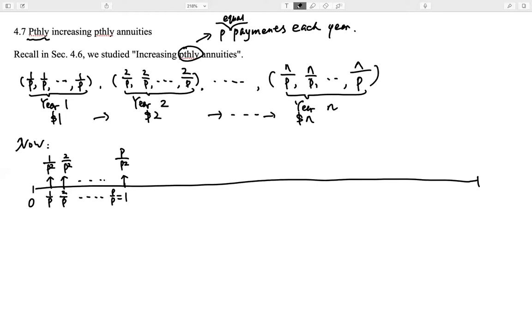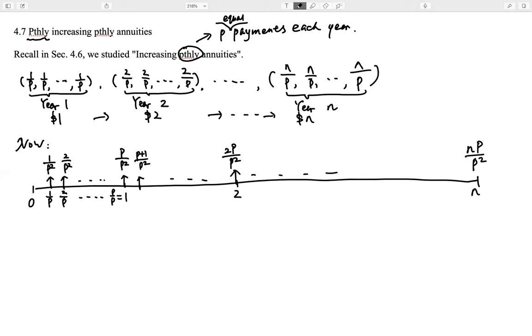And within the same year, the sequence is increasing by the same amount, and obviously that's something we expect. P plus 1 over P squared goes all the way to 2P over P squared, and it goes on. The last one would be NP divided by P squared.